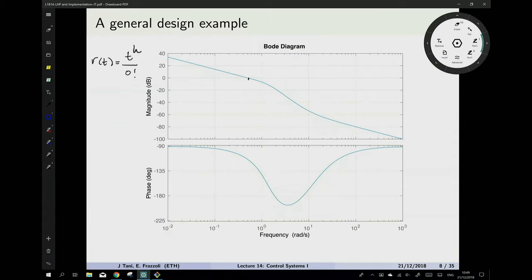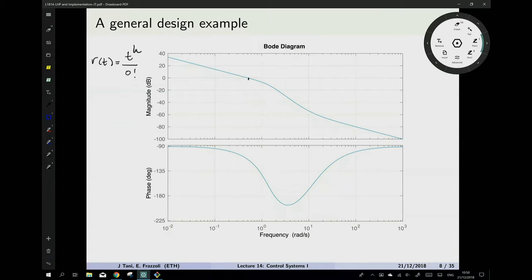So what are we talking about? The steady state error is equal to what? The limit for s that goes to 0 of the sensitivity function times the input. In this case, it's a 0 order input, so it's a constant, it's 1, right?